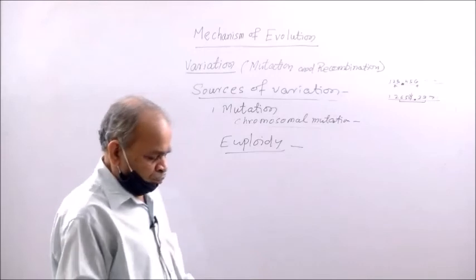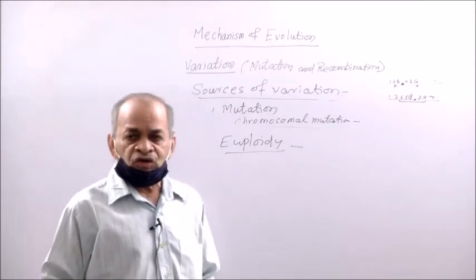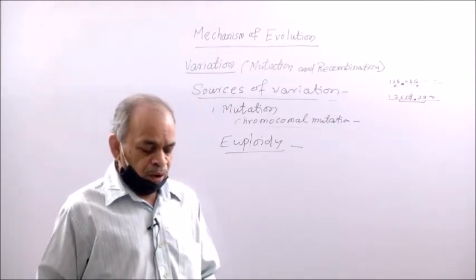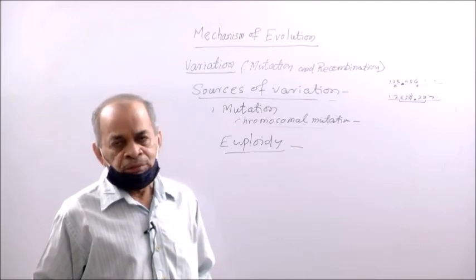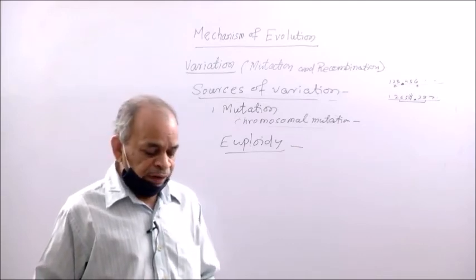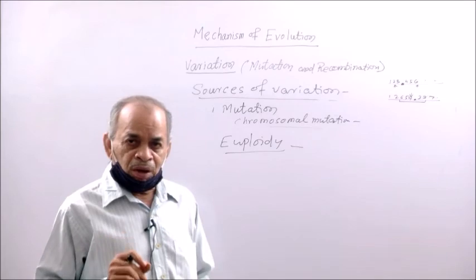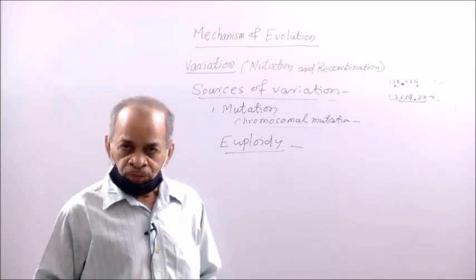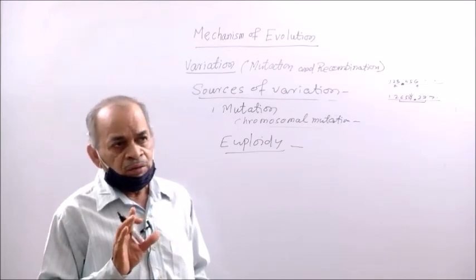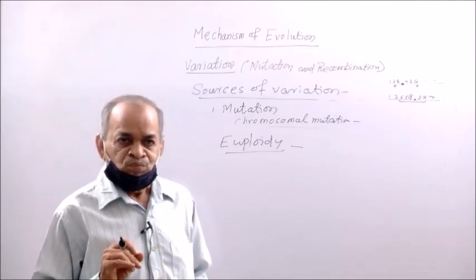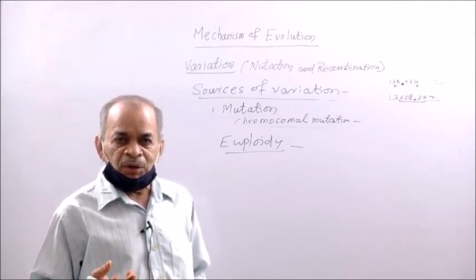Change in the number of sets of chromosomes from normal diploid condition is called euploidy. Normal is 2 sets present, 2n, and there may be a change in the number of sets.